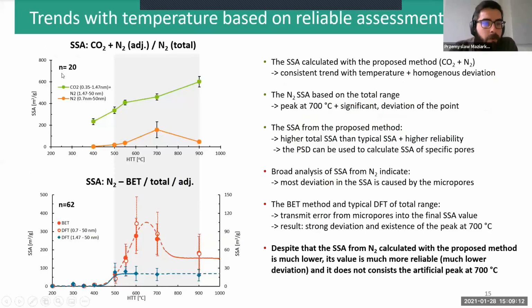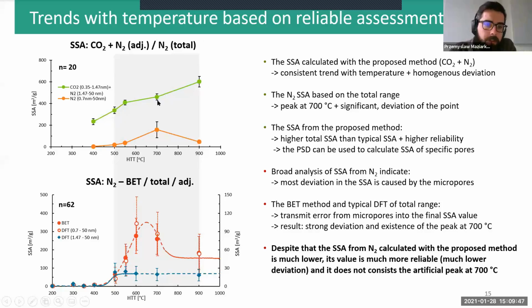On the 20 data points that we had, we calculated the specific surface area based on the carbon dioxide and adjusted nitrogen pore size distribution, and compared it with simple nitrogen adsorption data, so the full pore size distribution from the nitrogen adsorption. As you can see, for the carbon dioxide and adjusted nitrogen, the trend with the temperature is very consistent.